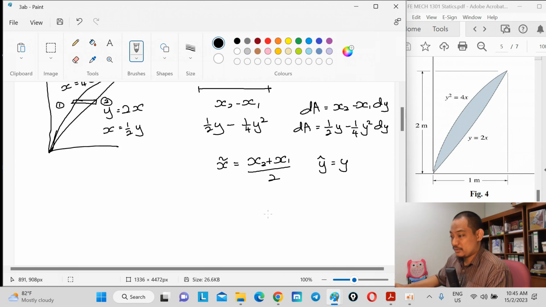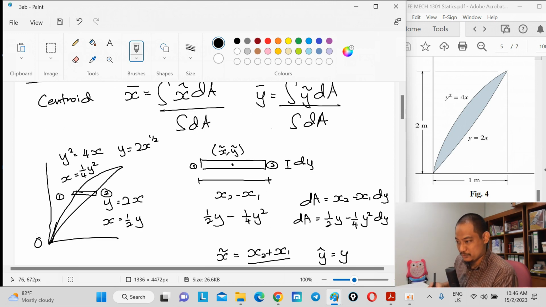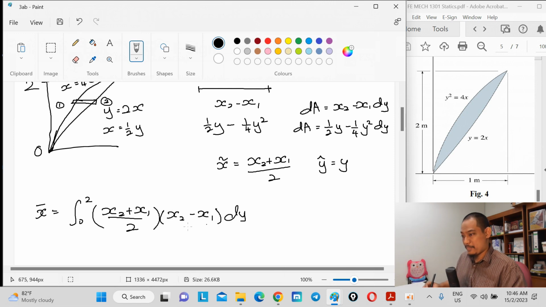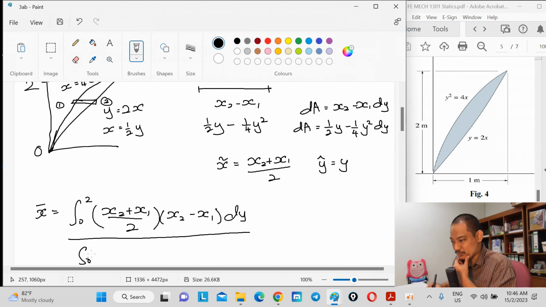So x bar. The limit is from 0 to 2, right? So integration from 0 to 2 of x tilde, which is x2 plus x1 over 2, times dA, and I'll just write that whole thing first: x2 minus x1 dy, over the integration from 0 to 2 of x2 minus x1 dy.